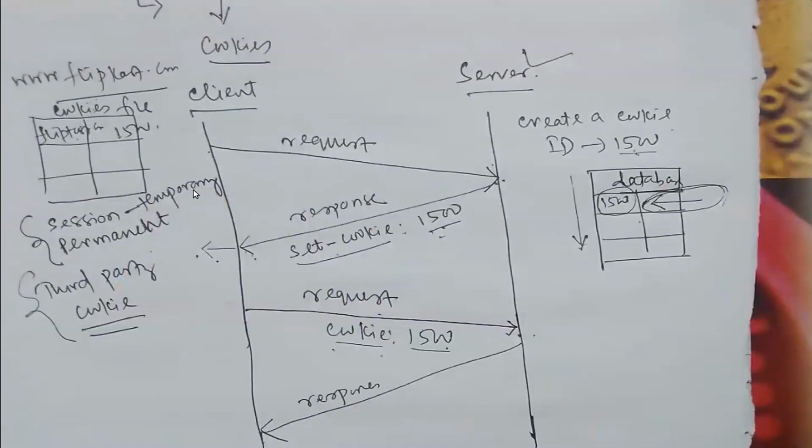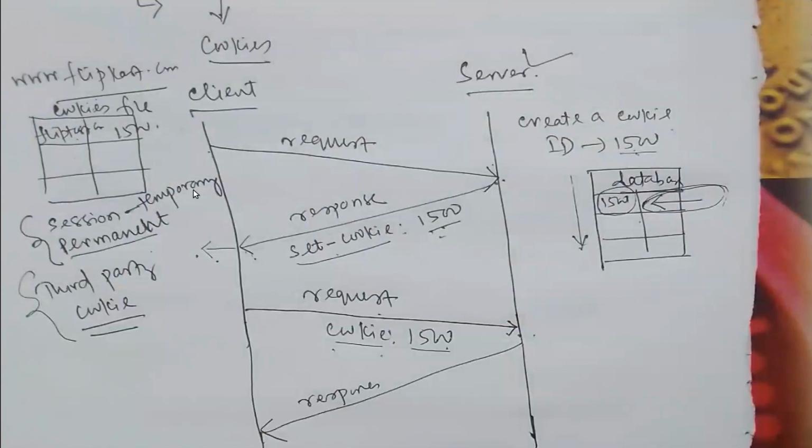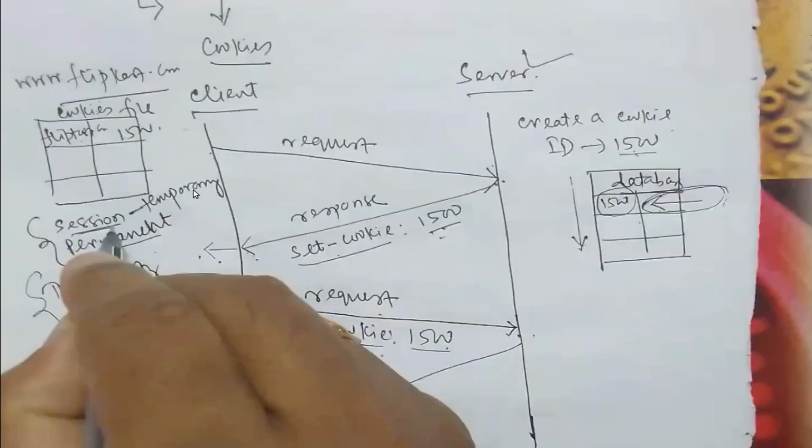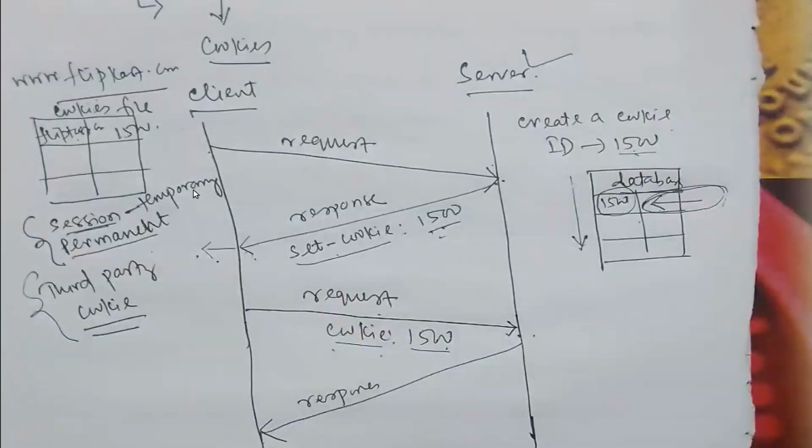The moment you close the browser, this cookie will go. A permanent cookie is one where, even if you close your browser, the cookie information will be stored by the client. A session cookie is otherwise called a browser cookie. It is saved in the browser, and the moment you close the browser, that information will go away.